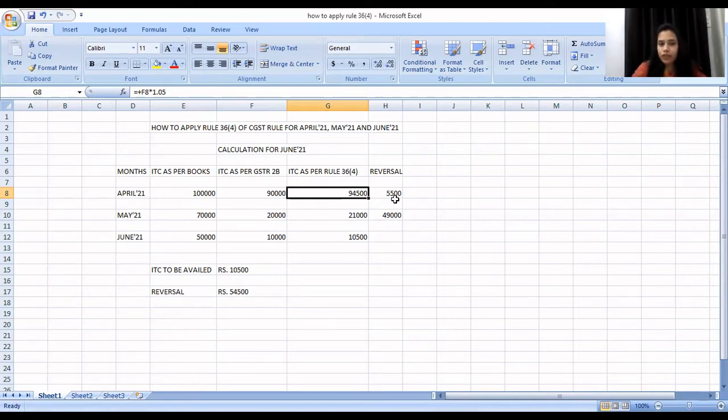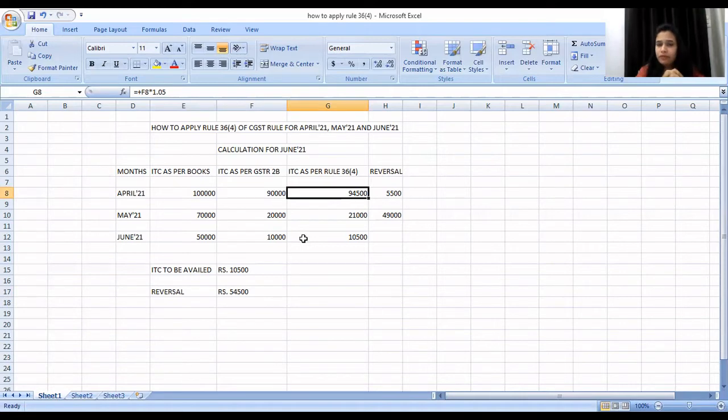Now we will check for May month. For May, I have taken 70,000 ITC, while the ITC reflecting in GSTR 2B is 20,000. So 20,000 plus extra 5% is 21,000. I should have taken 21,000 ITC instead of 70,000.